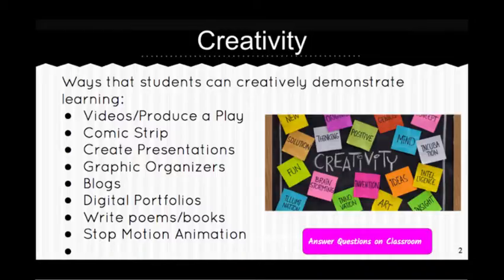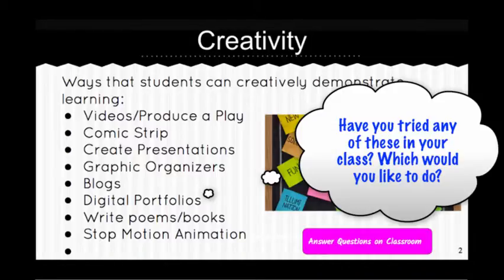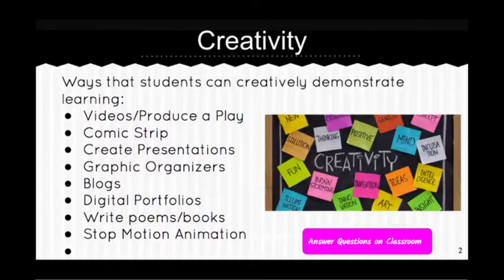One of the things we want you to start thinking about is giving kids choices and maybe stepping out of your comfort zone a little bit in terms of what you're going to allow kids to do in order to demonstrate their learning. Here are some ideas that we came up with, and I'm sure there are other ones that you've done. I know there are ones that some of you have undertaken this year and played around with, and even ones that you're thinking about trying.